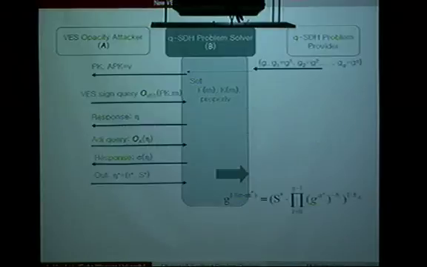In this picture, in the q-SDH problem, the PK and APK are sent to the opacity attacker or forger, and via sign query and ADJ query, the responses can be obtained, and then this provider can solve the problem. So using this algorithm, we complete the proof.